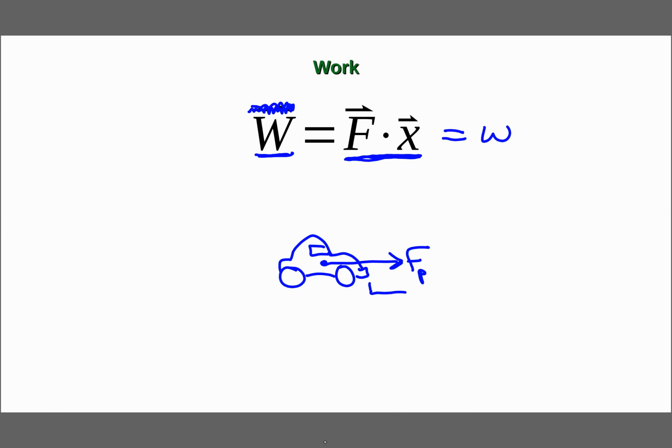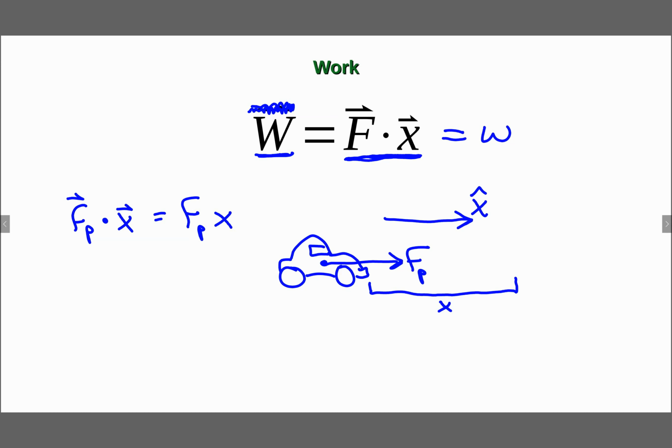So if I push the car some distance, x, this displacement and this force are used to calculate the work. The work in this case is F_P x. No longer vectors. In this case, it's just the magnitude of these two things multiplied together because the force and the displacement are in the same direction, this x-hat direction.